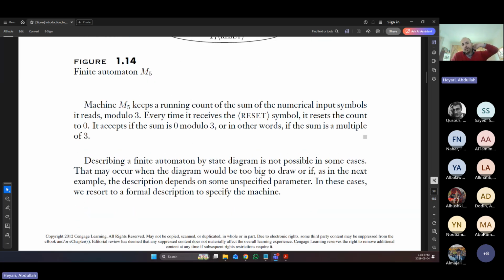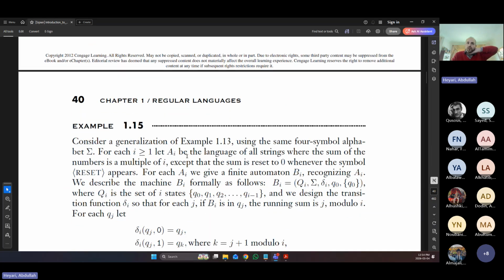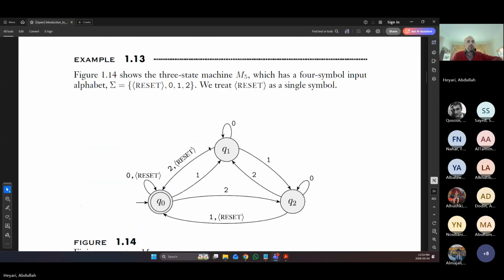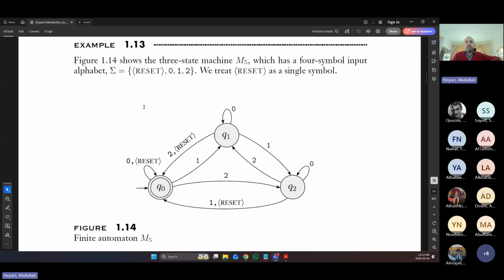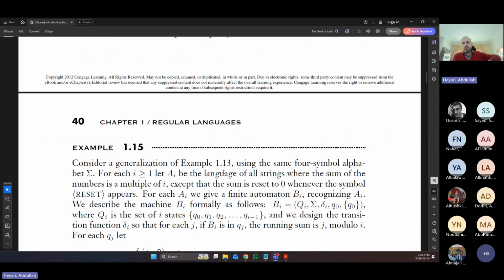So that's why the textbook introduces this discussion: consider a generalization of example 113. 113 is that example here, which has a figure 114, and then comes example 115 to talk about example 113.